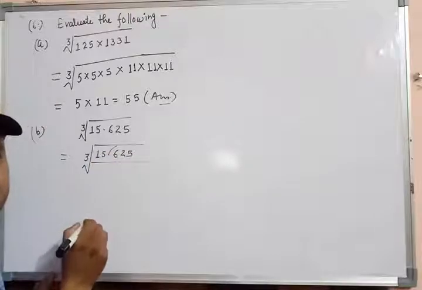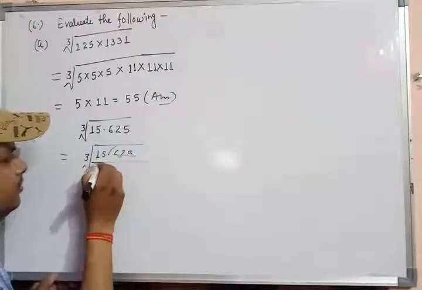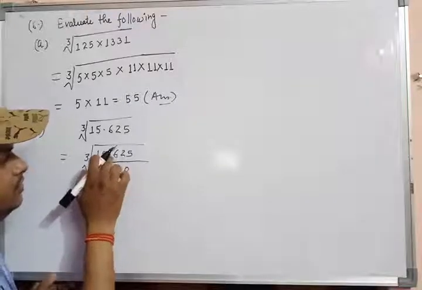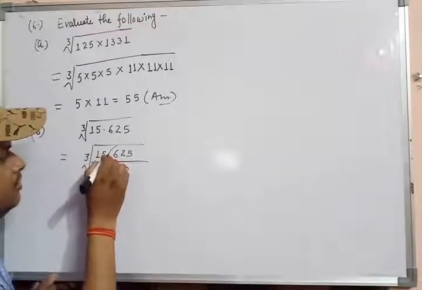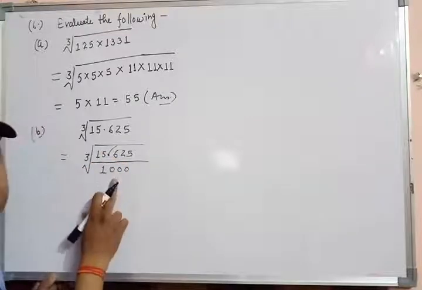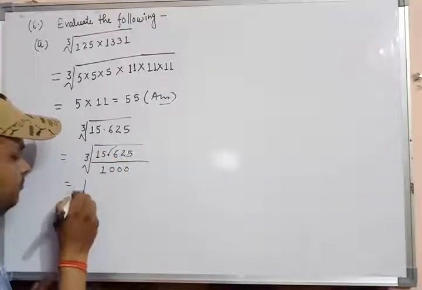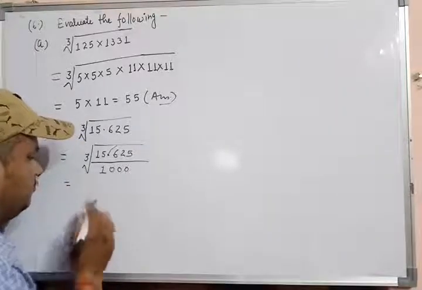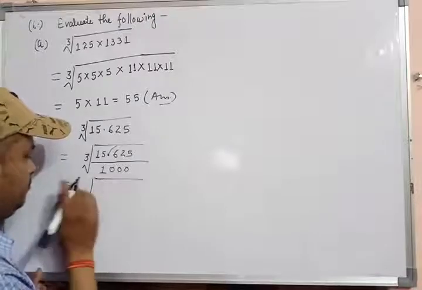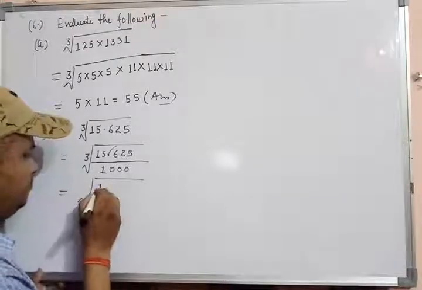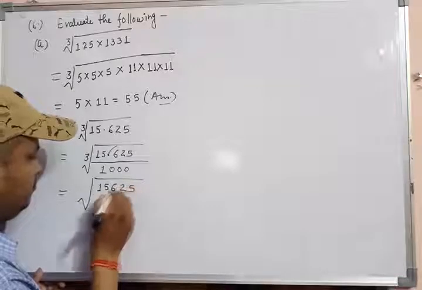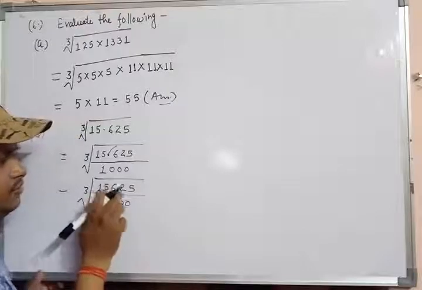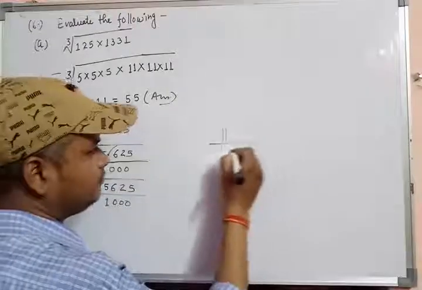You remove this decimal and write 1000, because there are 3 digits after the decimal, so you have to write 1000. Now you can write 15625 upon 1000.